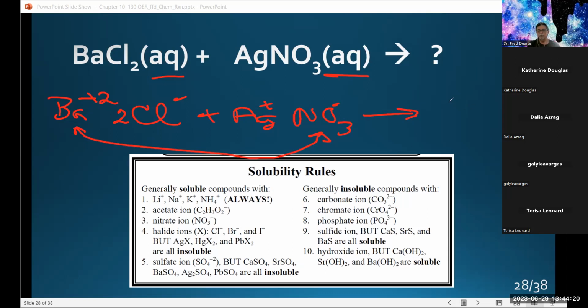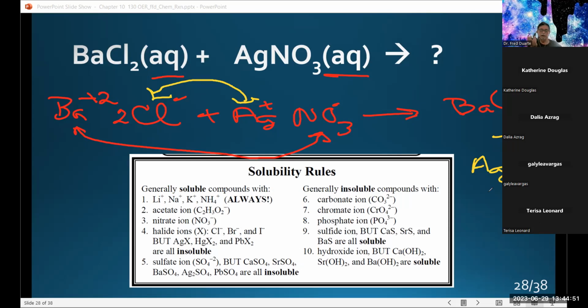So our formula becomes Ba(NO3)2, okay? Then we're going to put together the silver and the chloride. It's a simple, straightforward 1-to-1 because silver is a +1, chloride is a -1. And so its formula will be AgCl. And there it is.